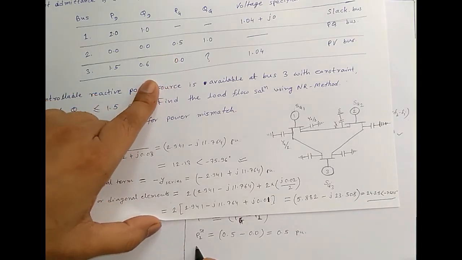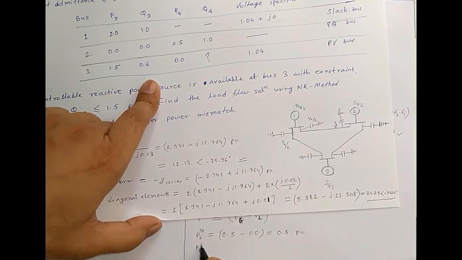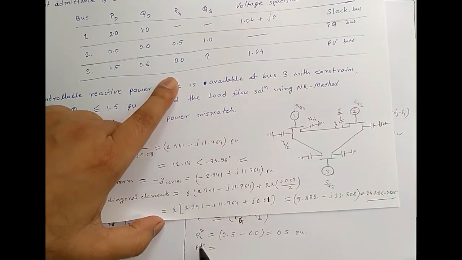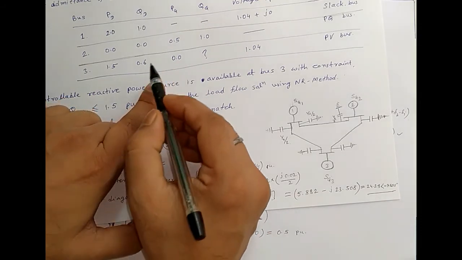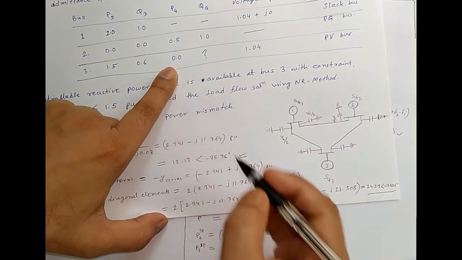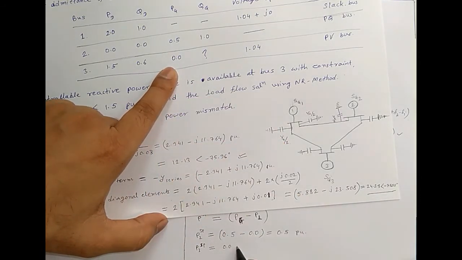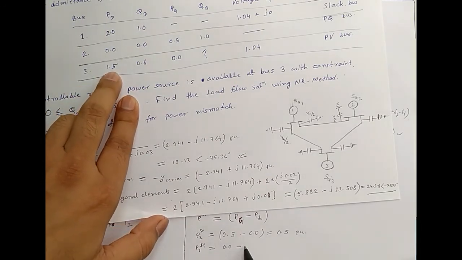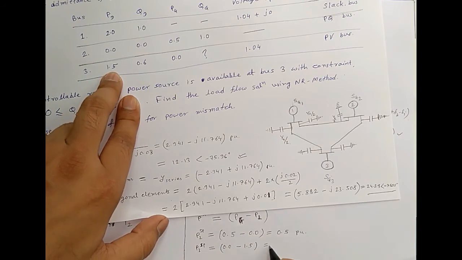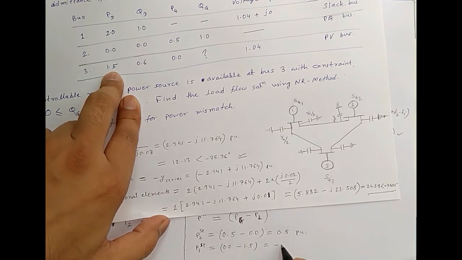Whereas P3 specified will be, in a similar way, generated minus load demand. Generated power at bus number 3 is 0.0 minus the load demand at bus 3, that is 1.5. So this will be minus 1.5 pu.